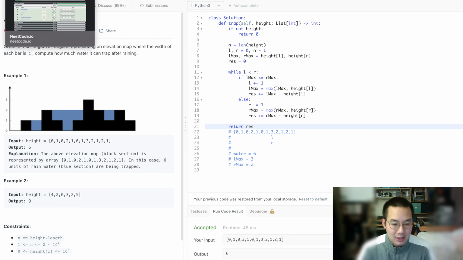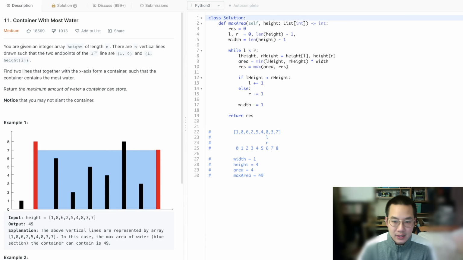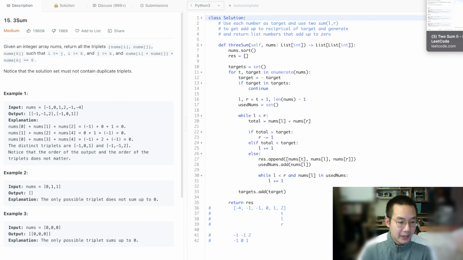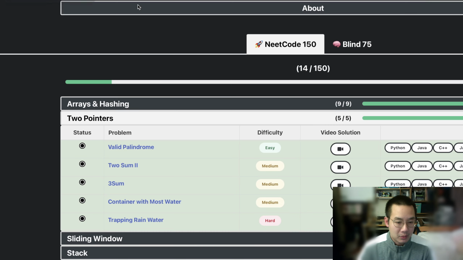So that's the concept that we're trying to learn here with this particular problem. It has a lot to do with arrays and strings. And I think that's the commonality between all these two-pointer problems.